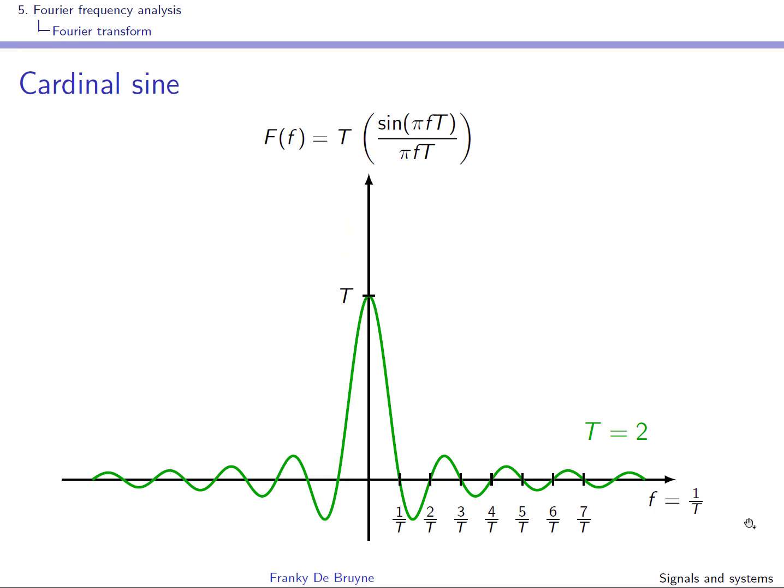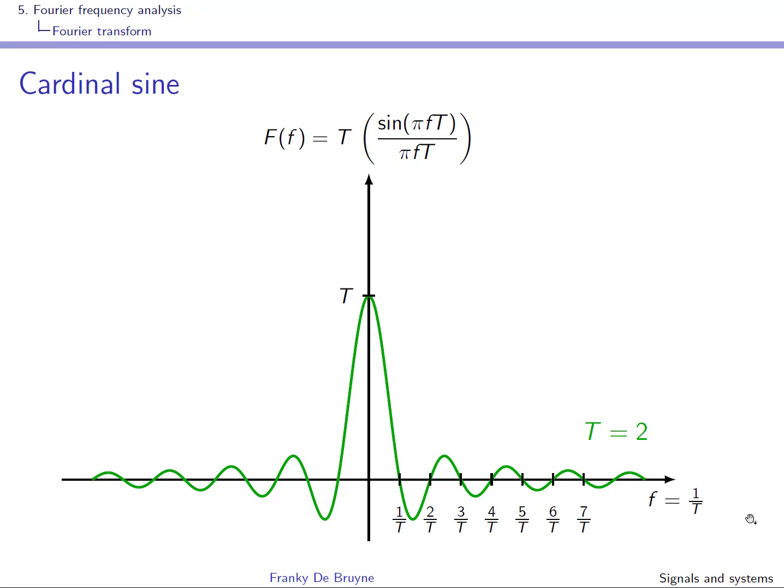So what we see here is the frequency representation of this rectangular impulse. Remember that the Fourier transform decomposes the signal in a sum of complex exponentials, and the Fourier transform gives the contribution at all frequencies.